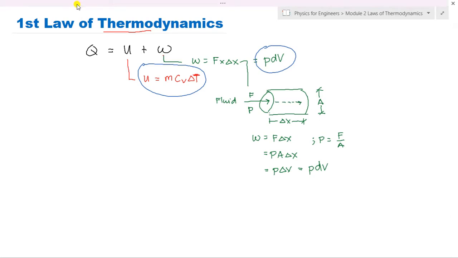There are processes in the first law of thermodynamics, so let's start with those processes.